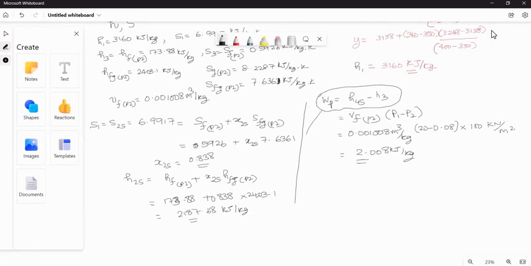Now again we are going to use this equation to calculate the H4S, right? What is H4S now? H4S is equal to WP plus H3. What is WP?